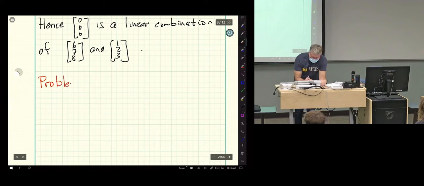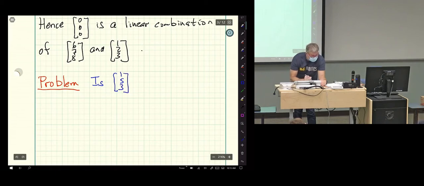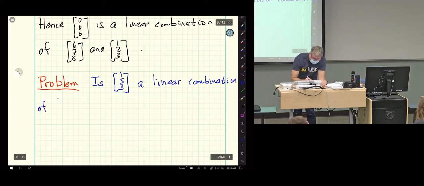Now this is not a problem as in difficulty, but a question now: is the vector 1, 5, 3 a linear combination of the vectors 1, 2, 3 and 2, 1, 2?